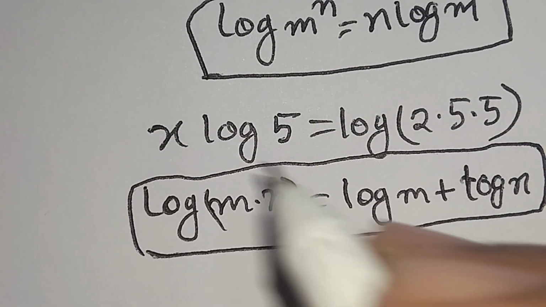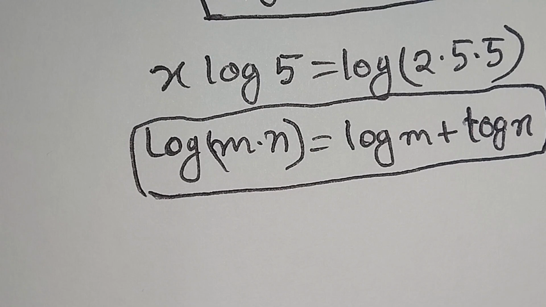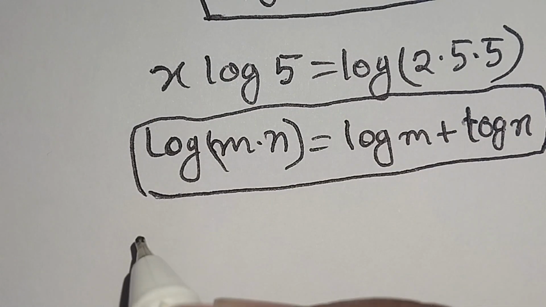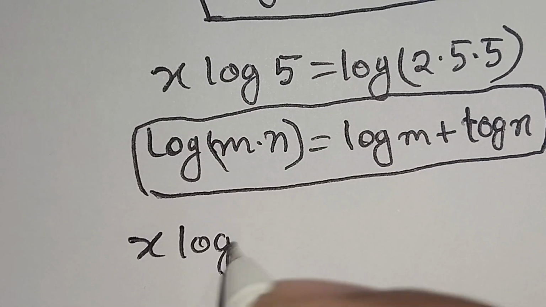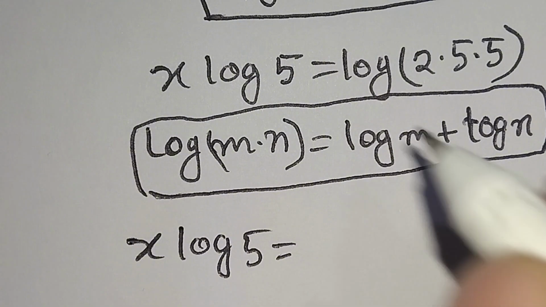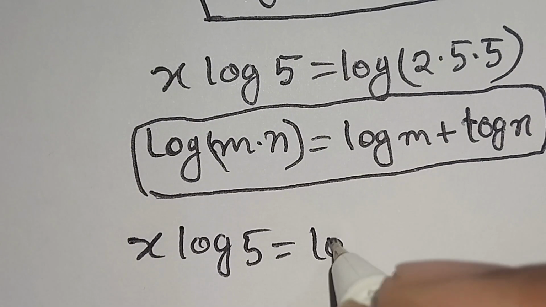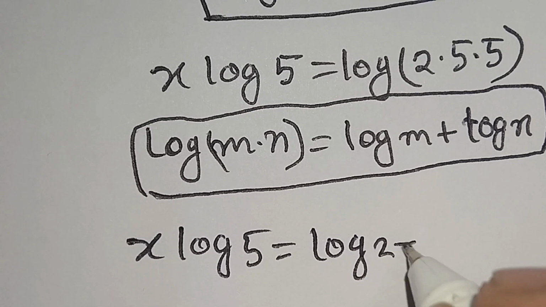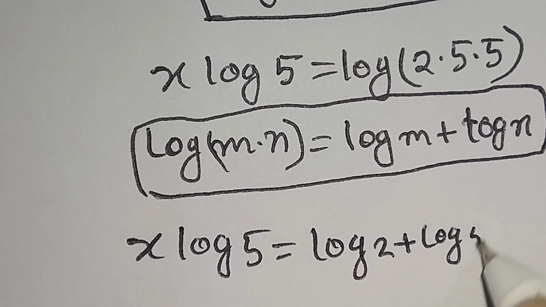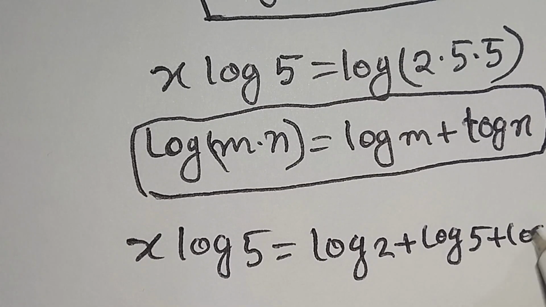According to this property, we can write this line as x log 5 is equal to log of 2 times 5 times 5, which is equal to log 2 plus log 5 plus log 5.